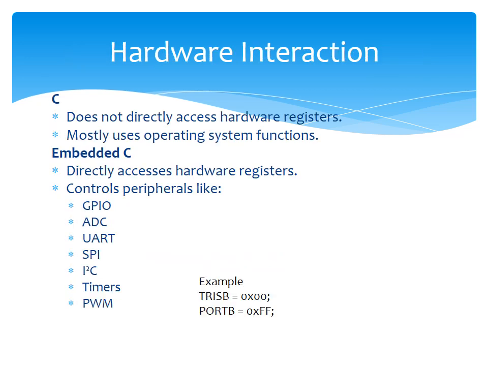embedded C. Coming to hardware interaction, C does not directly access the hardware. As we have already seen, it's hardware independent. It does not directly depend on the hardware, and mainly it uses operating system functions. Whereas in embedded C, it directly accesses the hardware registers.